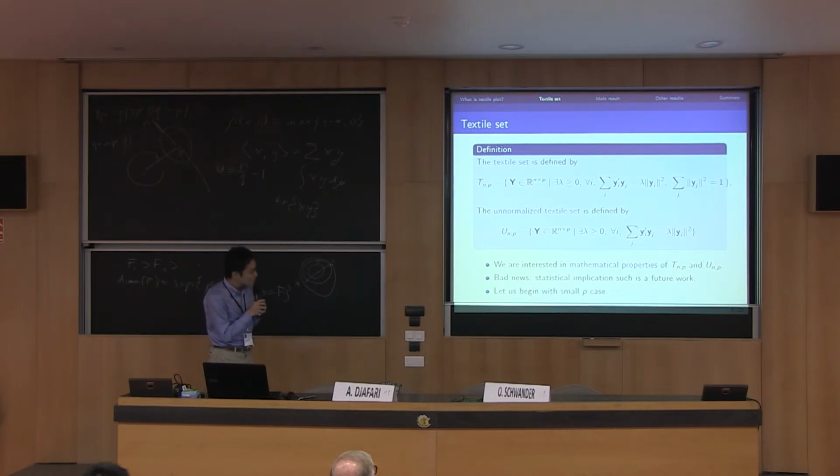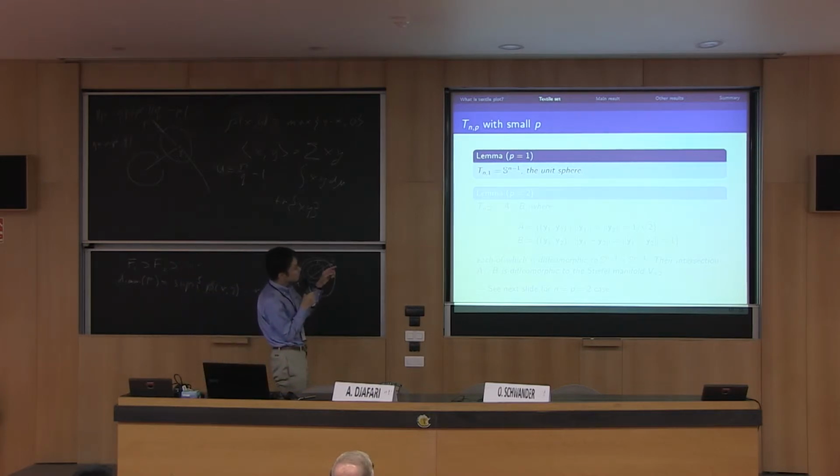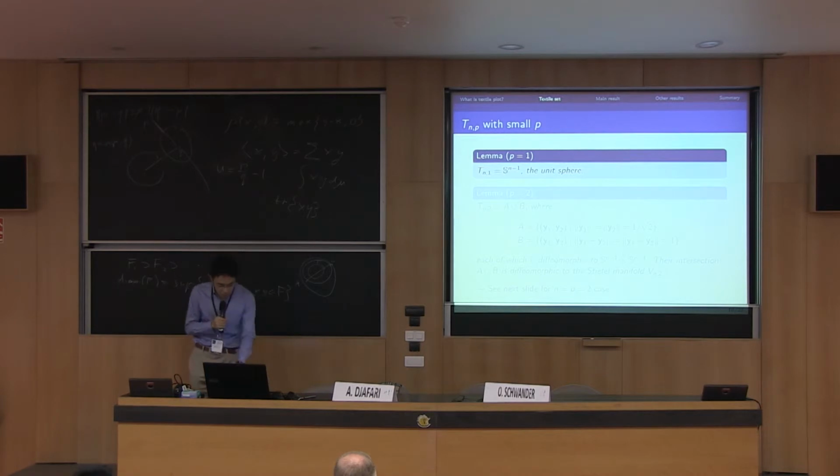Anyway, let us begin with a small p case, the small dimensional case. For p equal 1, the answer is very simple. T_n,1 is the unit sphere.